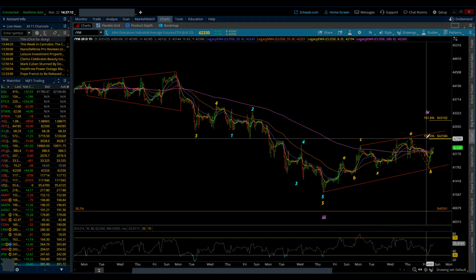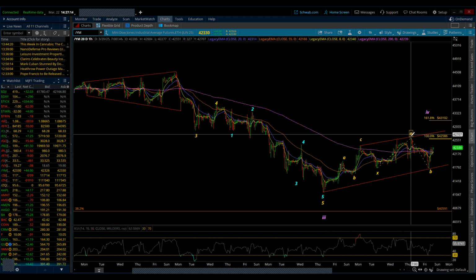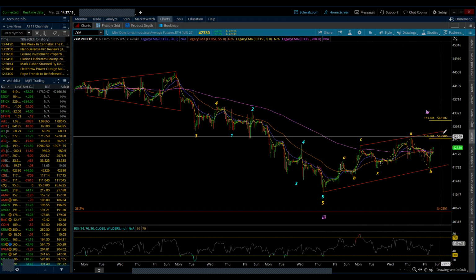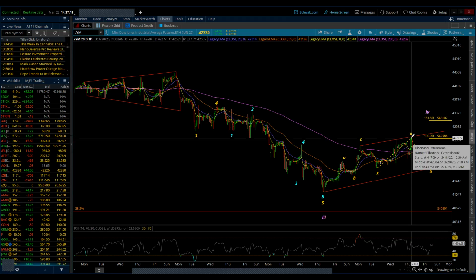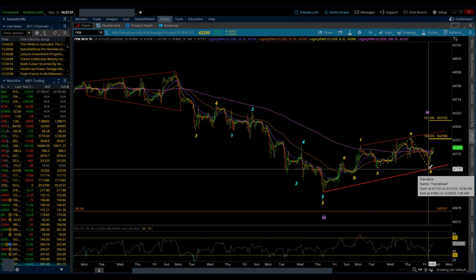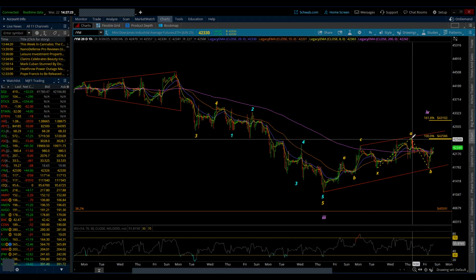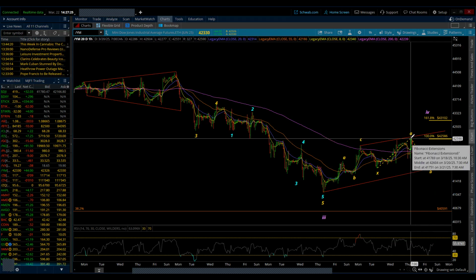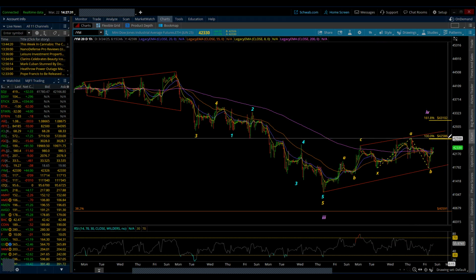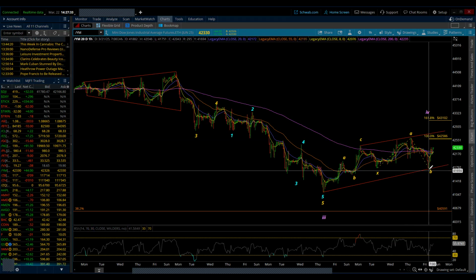Now, wave C would be 100% of wave A at 42,586. Now, that would put that pretty much in not necessarily a complete flat, because this high was 42,604. And here we're coming in at 42,586. Now, why?